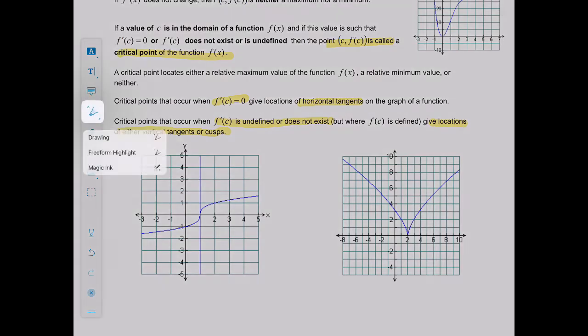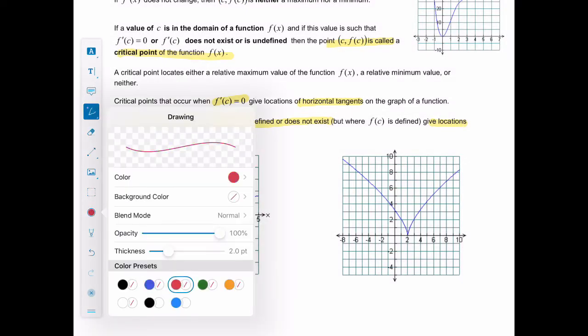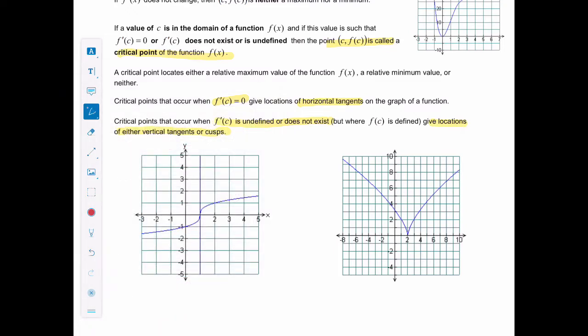On the example below, the color didn't come out very good, so I'm going to change it. We can actually see that there's a vertical tangent right there. Somewhere there's a point where it transitions. Due to the symmetry of the function, it transitions at 1 and 0. If we were to take its first derivative and set it equal to 0, we would get something that's undefined.